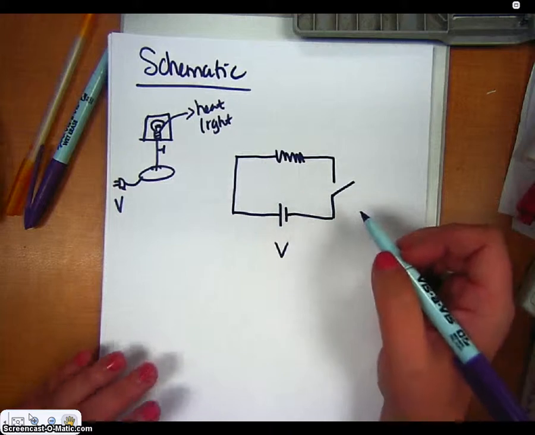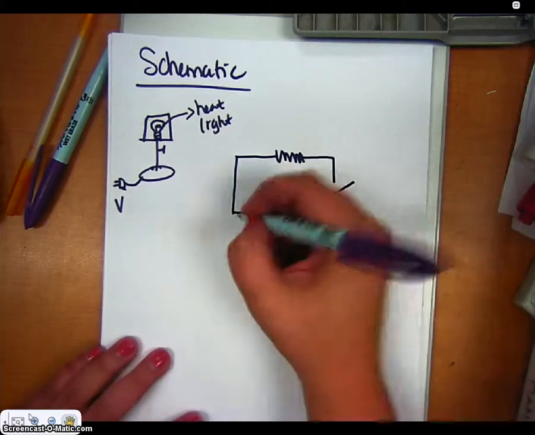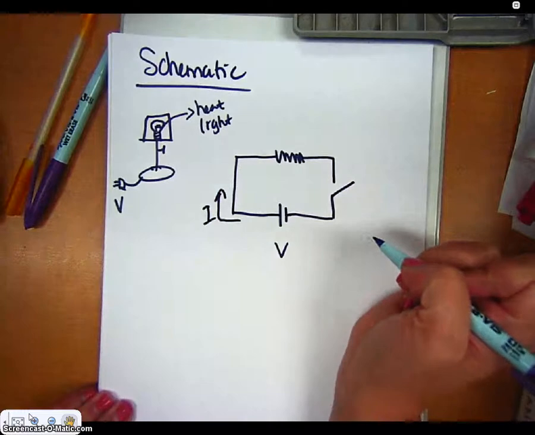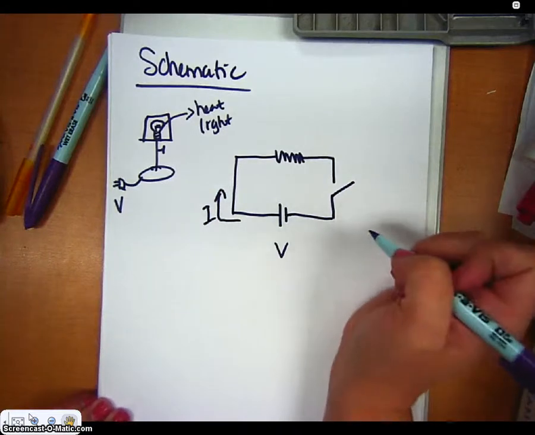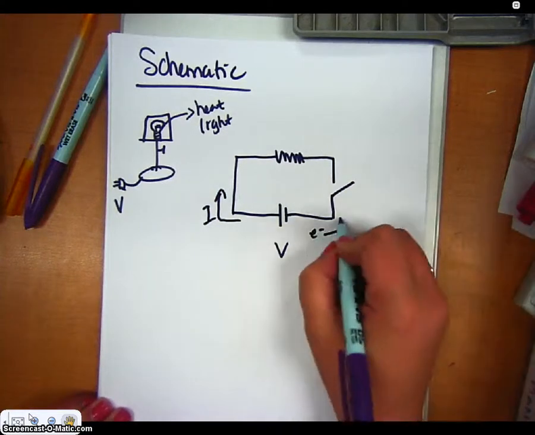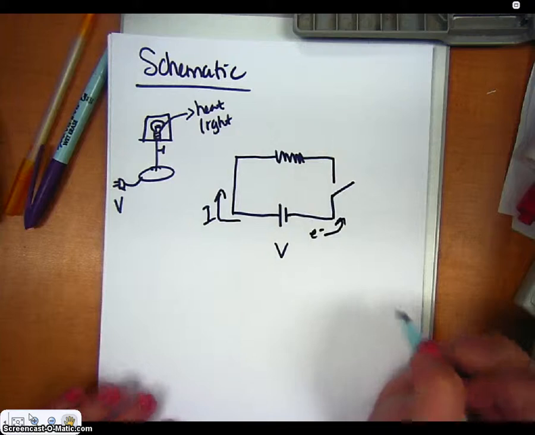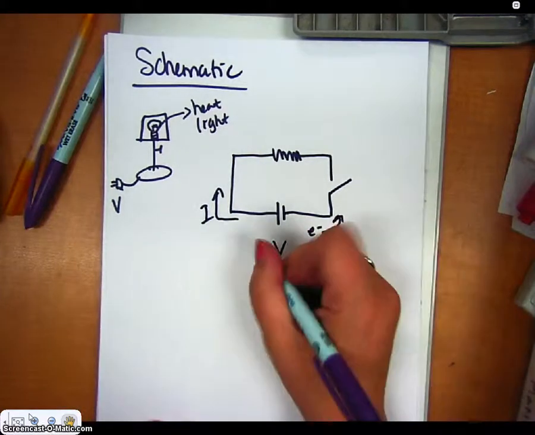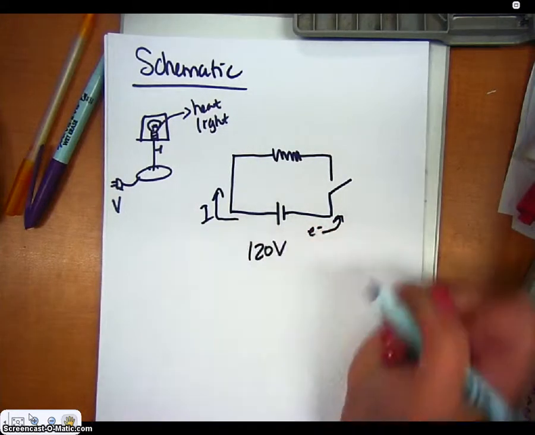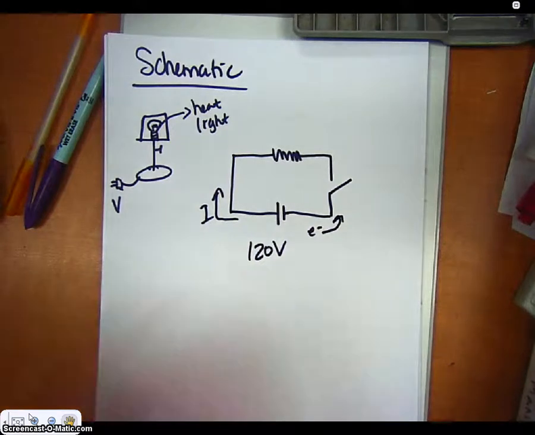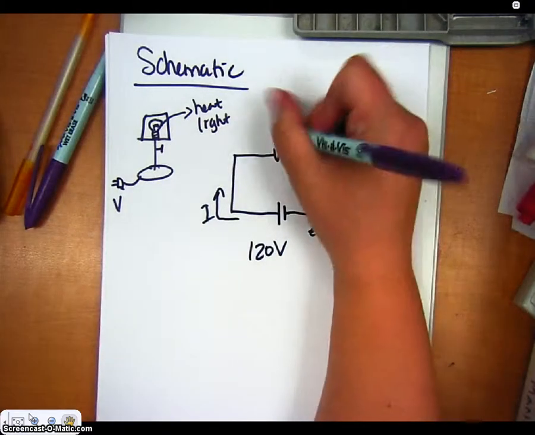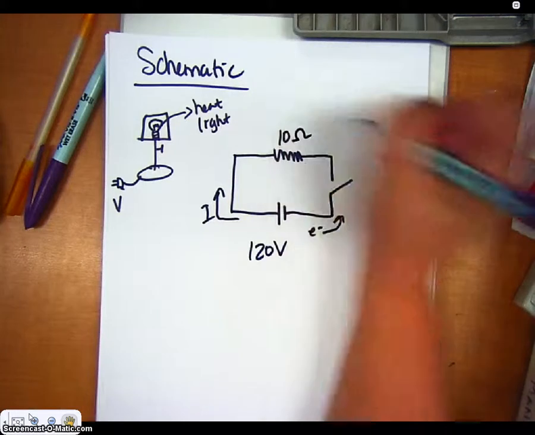Now when you look at a schematic, the convention is that the current is flowing clockwise this way, right? So that means electrons would be flowing the opposite direction this way. And so we can calculate something out. Let's say I've got 120 volts and my resistor is, I don't know, 10 ohms.